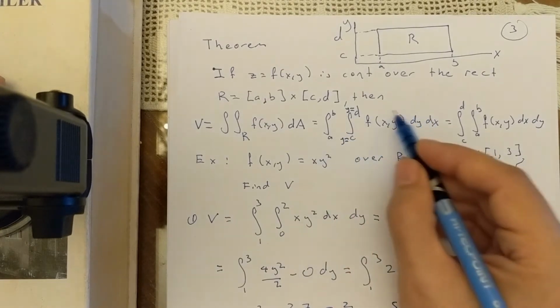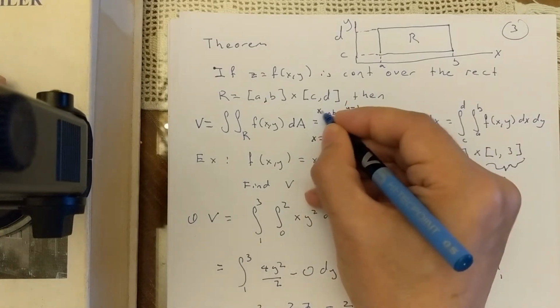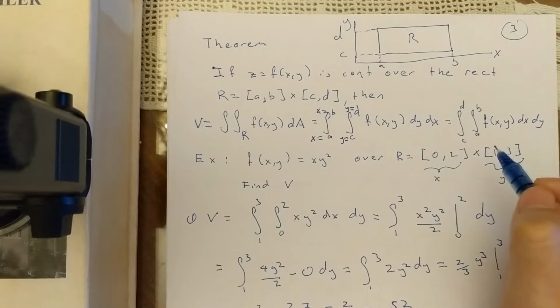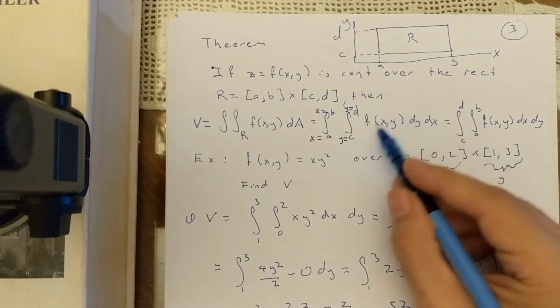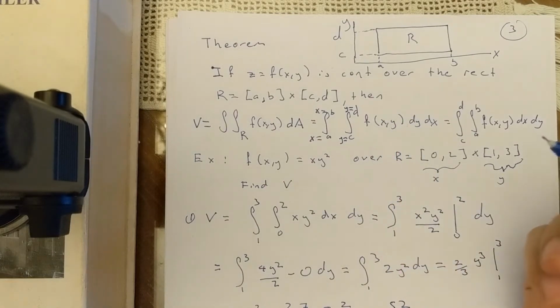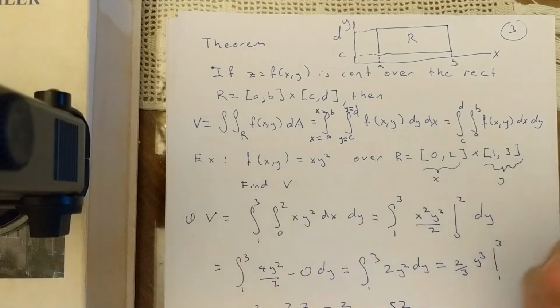And then after I integrate this, I need to do x equals a to x equals b, and I need to do the integral with respect to dx. Now these are partials, which means when I'm doing this integral, everything that's an x behaves just like a constant. And when I'm doing the outside integral, everything that's y behaves like a constant.